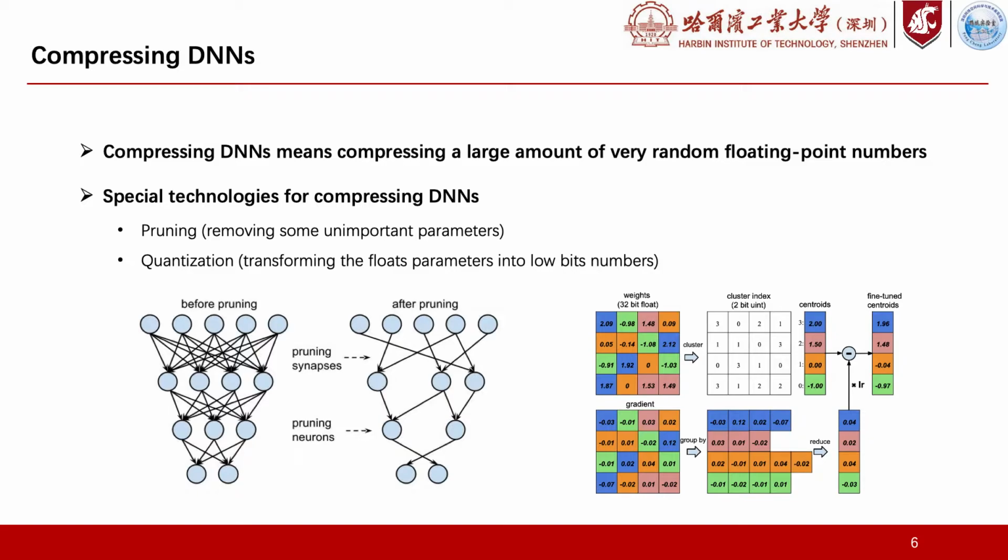Therefore, other special technologies are proposed, such as pruning and quantization. Pruning focuses on removing some unimportant parameters of a DNN, like the subfigure on the left. Quantization focuses on transforming the float parameters to low-bit numbers, like the subfigure on the right.